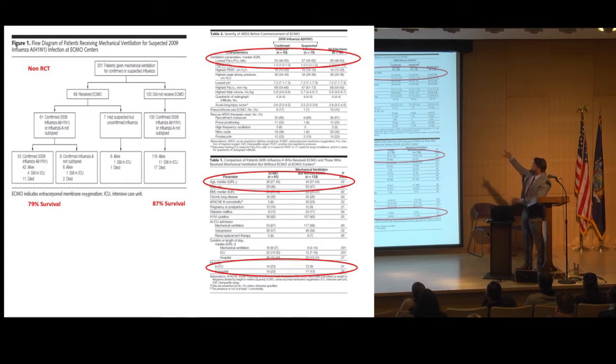But if you dig a bit deeper, the patients who were placed on ECMO were much more critical. They were younger patients, with an average age somewhere in the range of 35 to 40, and the PF ratio was about 55. That's bad. So the patients who went into the ECMO program were much sicker, and, like I said, much younger.